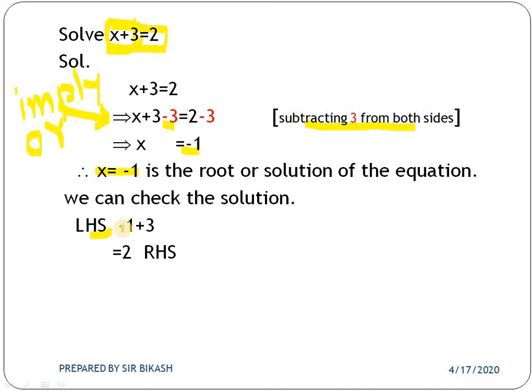So minus 1 plus 3, what did we get? 2. That is the right hand side. When the left hand side equals the right hand side, that means your answer is right. So x equals minus 1 is the solution. For the value of x as minus 1, you will have the equation right.